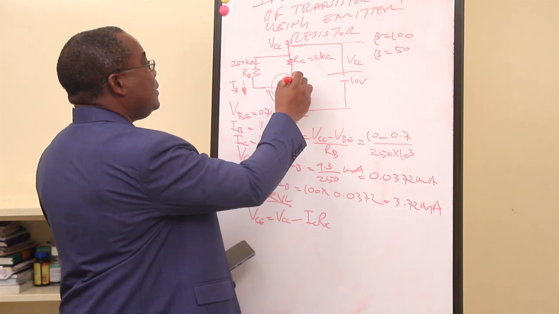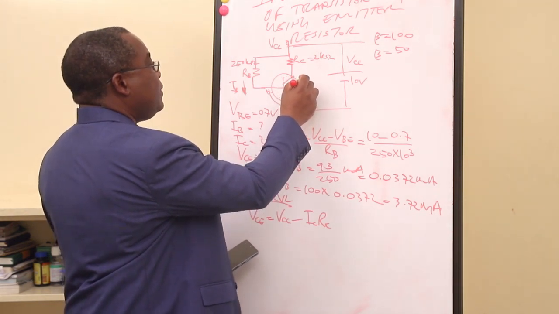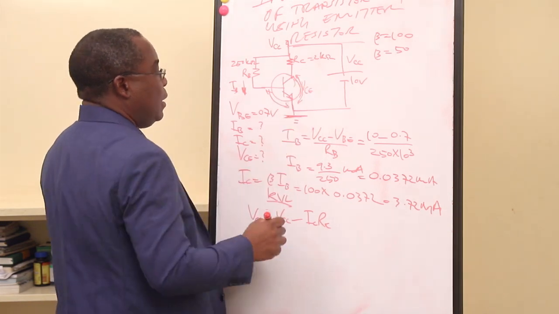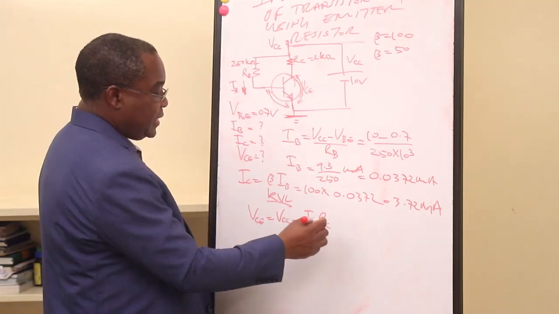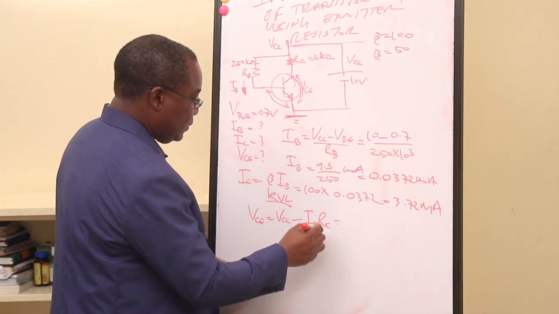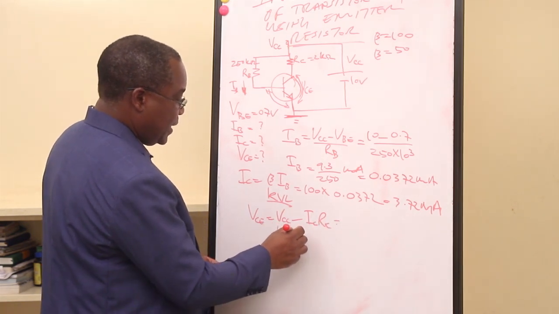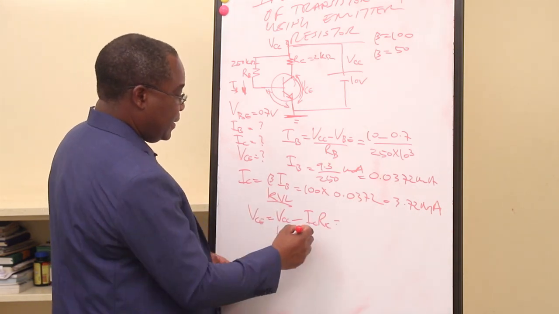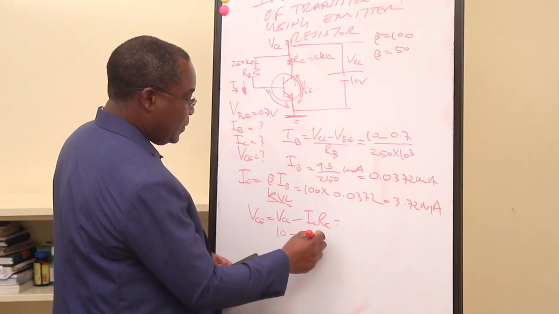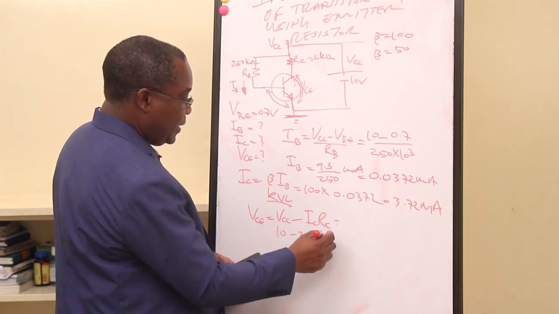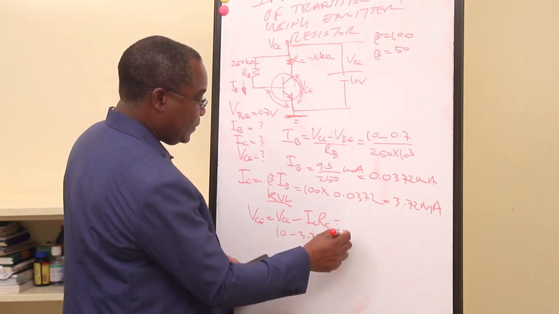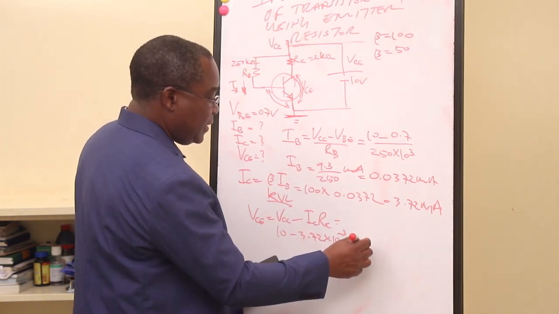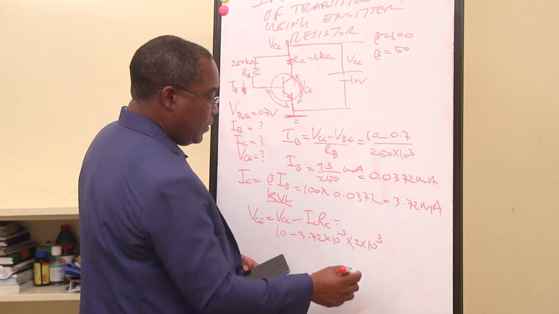VCC is 10 minus IC, which is 3.72 milliampere, so 10 to the power minus 3, times RC which is 2 kilo ohms, 2 times 10 to the power 3 to get ohms. So these are cancelling each other.